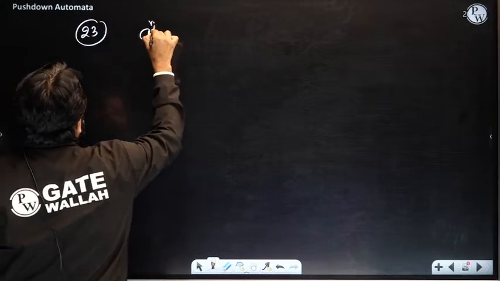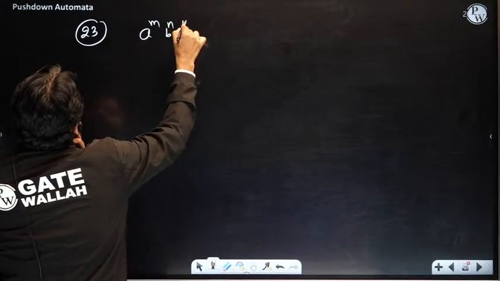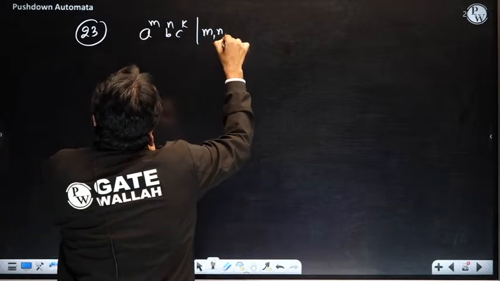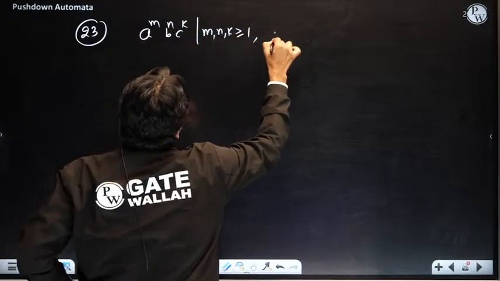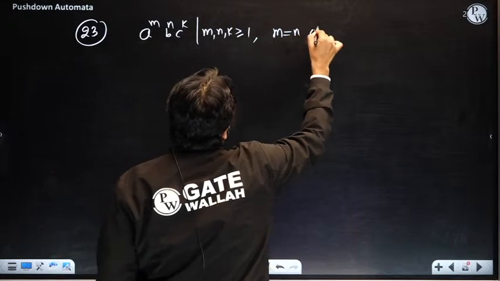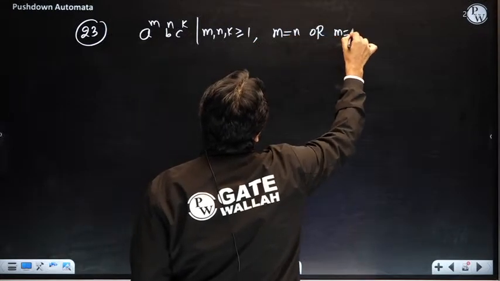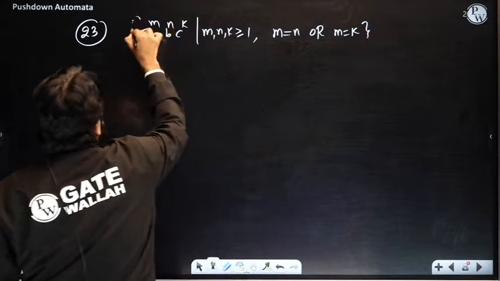A^m B^n C^k. Why don't we have a DPDA for this, where m is equal to n or m is equal to k? What is the meaning of this?